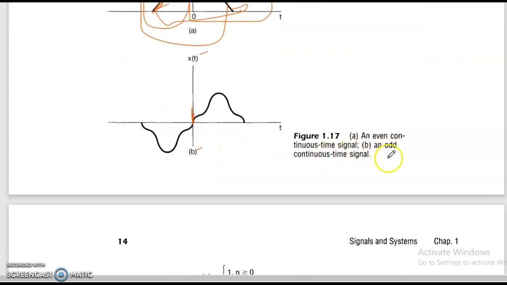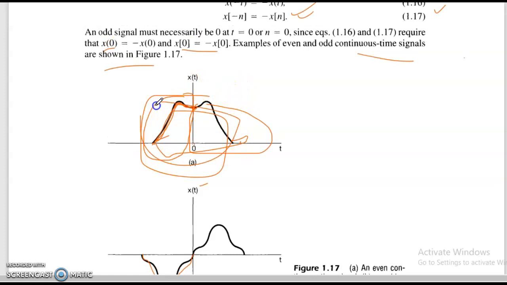And B is an odd continuous time signal. Here, this started like this. After that, the signal goes like this.